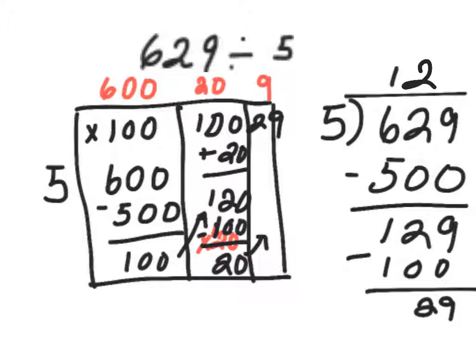So, back to 29. 5 times 4 is 20. 5 times 5, or 5 ones, is 25. 5 times 6 ones is 30.